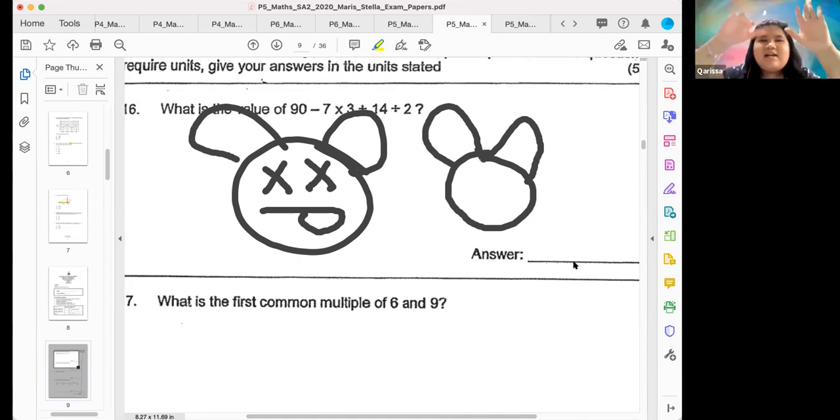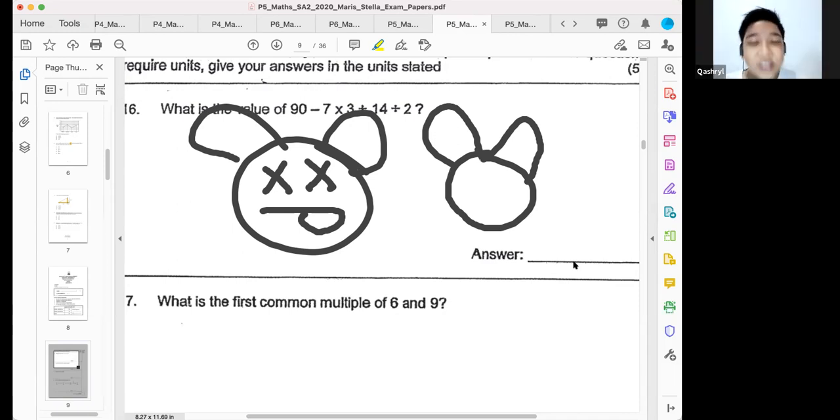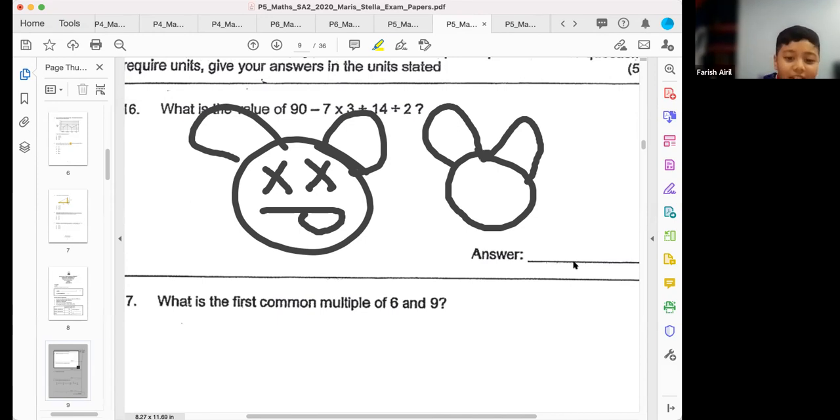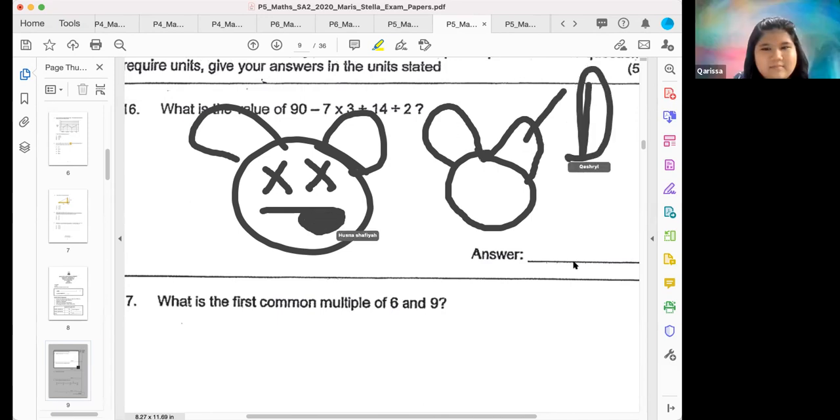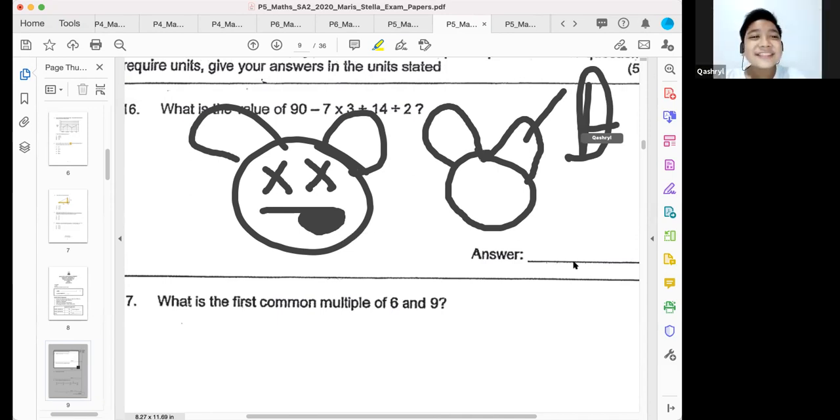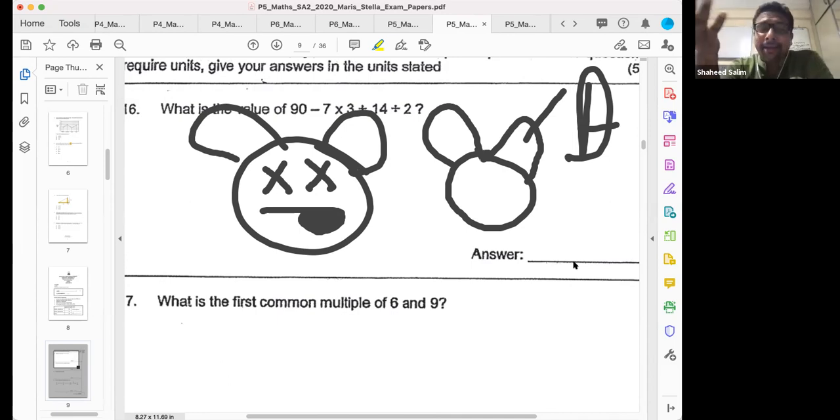I see. Okay, what is it, Farish? The X on the eyes is multiplication. The D over there, the mouth, that is division. Then the circle, the face, it's order. One by one. Okay, Putra, hurry.